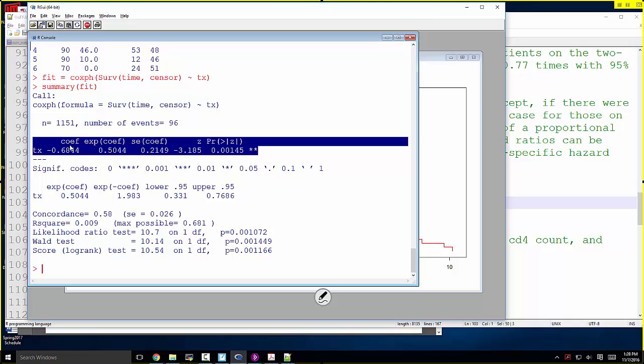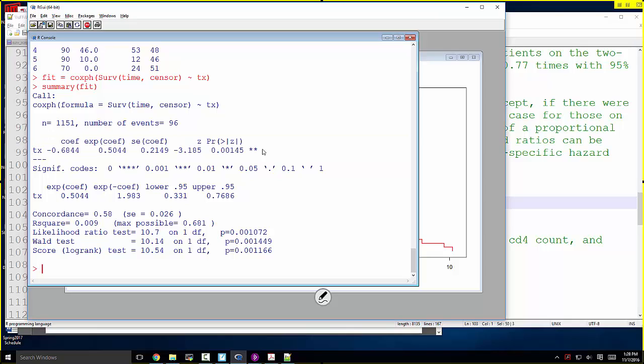So all we're able to do with a Cox PH model is talk about hazard ratios. It's the hazard ratio, in this case, comparing treatment to control. The beta coefficient was minus 0.6844. We said that beta coefficients are log hazard ratios.